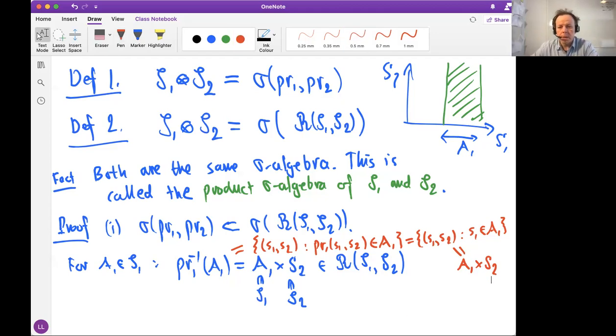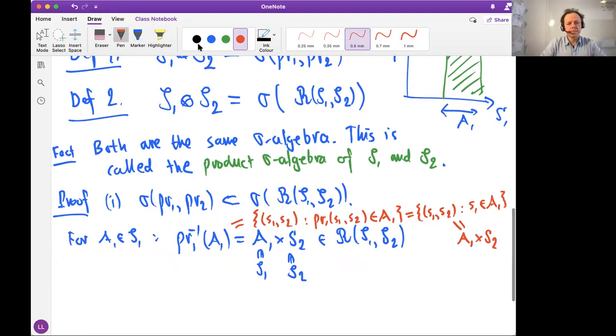So the pre-image is a set, and here is the set written using the set notation. But when we work with sets, we also work with set families, so sets are also members of these set families. And here we have a set which is a member of this set family. What do we conclude from this?